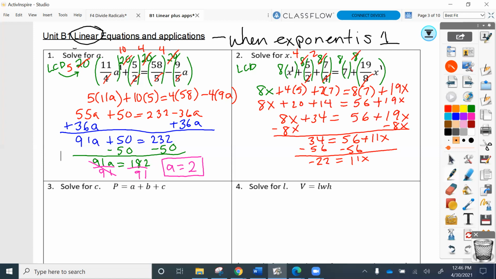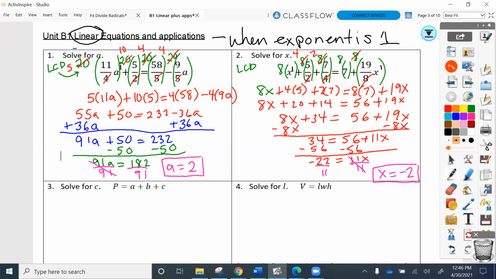And then divide both sides by 11 to get x is equal to negative 2. Okay, so that's an LCD problem. If you come across fractions, you know what to do.